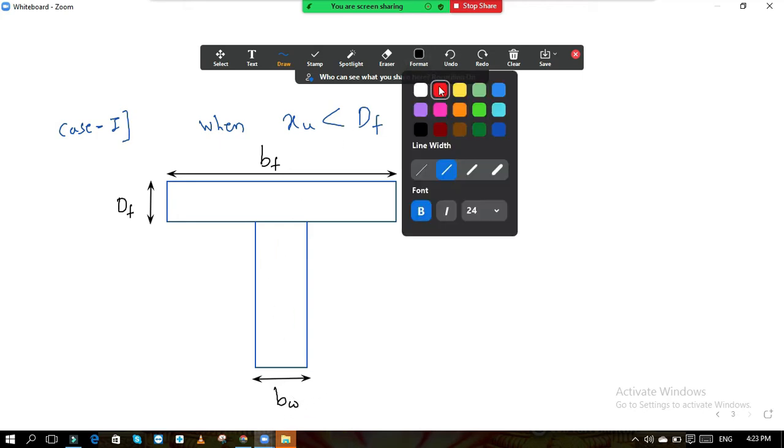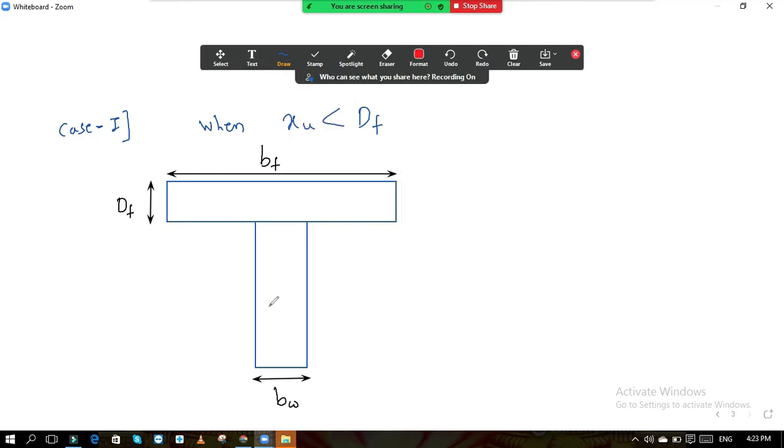And suppose now the steel is provided here. Okay, so your effective depth will be from top up to the center of this reinforcement.